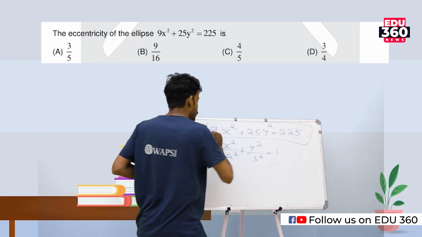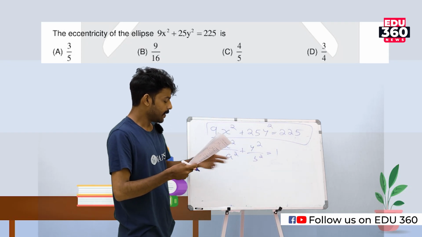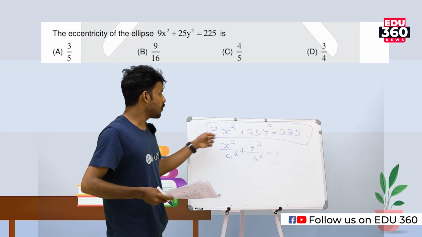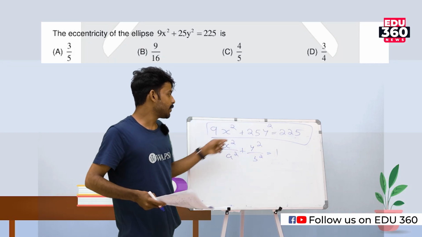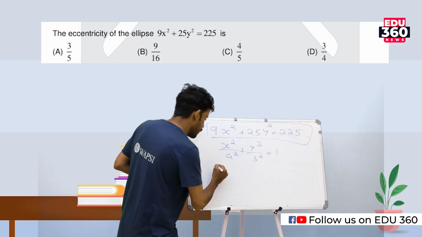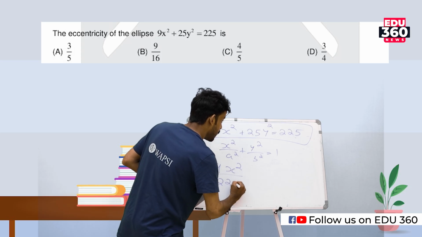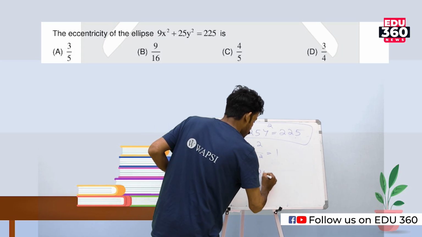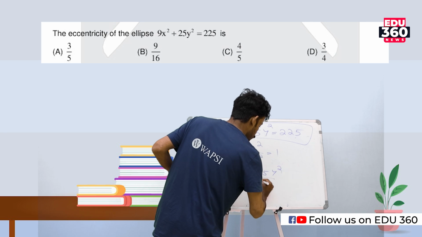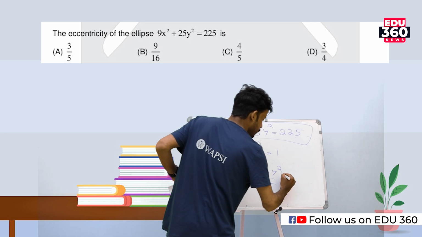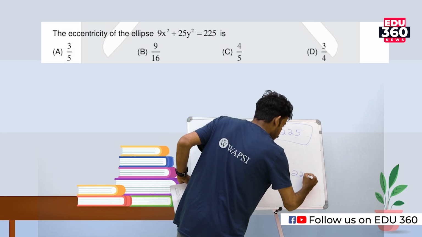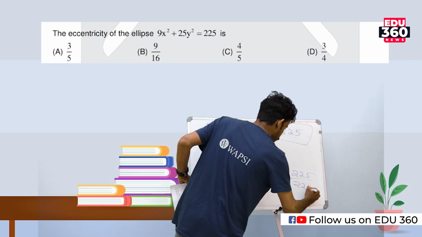How? Just divide the whole equation by 225. So 9x square divided by 225 plus 25y square divided by 225 is equal to 225 divided by 225.